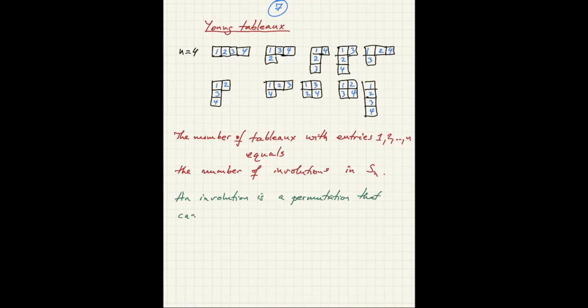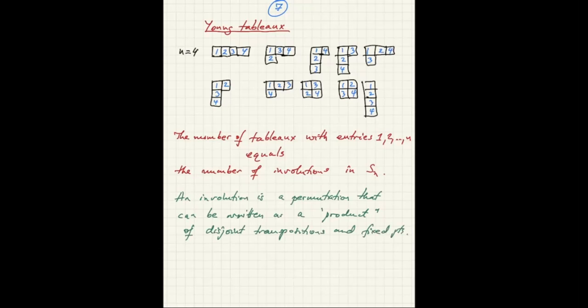That can be written as a product of disjoint transpositions and fixed points. So I'll give you an example in a second.